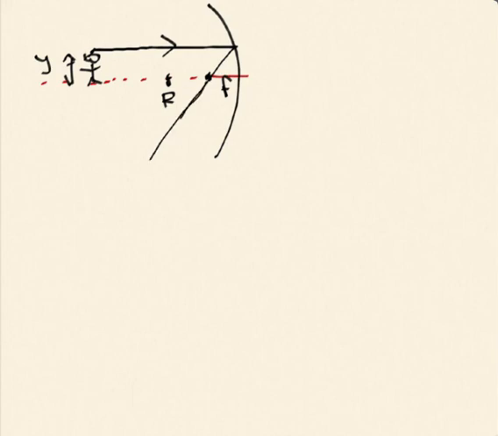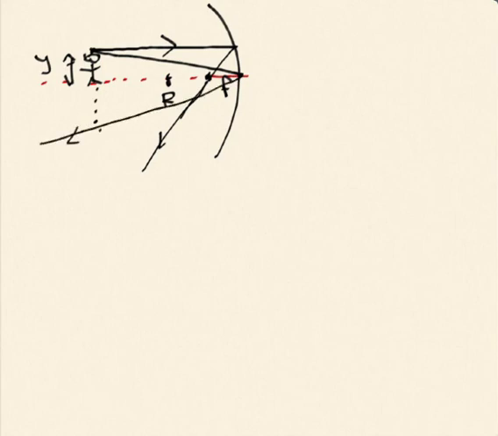Another so-called principal ray that I can draw to help me construct this image is the ray that goes to the vertex of the mirror. I know that if I take a ray to the vertex of the mirror, it's going to come back through a point that's an equal distance from the top of my head on the other side. So I can draw it like this.